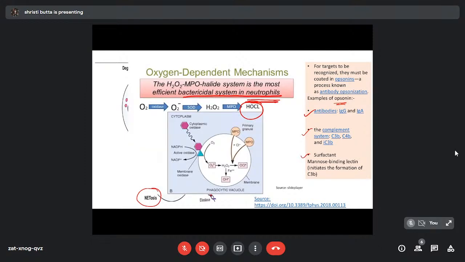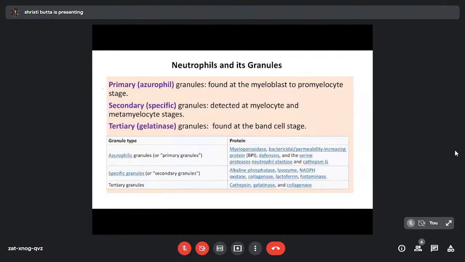Now, neutrophils have several granules: primary, secondary, and tertiary. Regarding the primary granules, which are produced in the myelocyte and promyelocyte stages, the azurophilic or primary granules contain myeloperoxidase, bactericidal permeability-increasing protein, defensins, serine proteases, neutrophil elastase, and cathepsin G. The secondary or specific granules, which are produced in the myelocyte and metamyelocyte stages, typically contain alkaline phosphatase, lysozyme, NADPH oxidase, collagenases, lactoferrin, and histaminase.